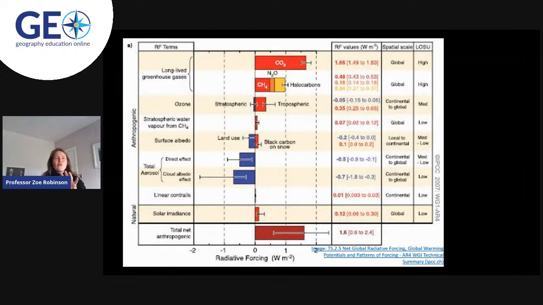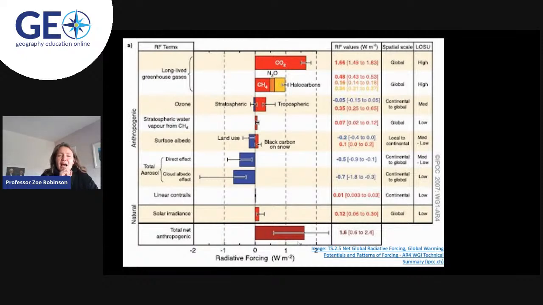There's an awful lot going on in this image here, but what we can see is down at the bottom you have a bar that says total net anthropogenic, and by anthropogenic we mean human caused.